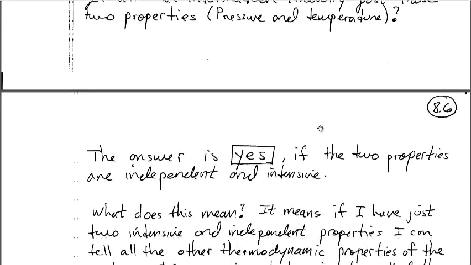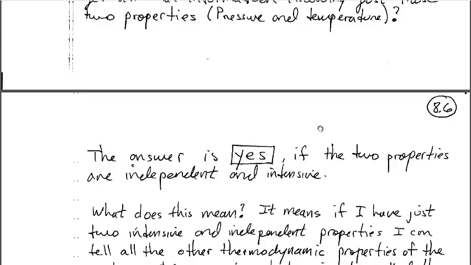And the caveat to that is that the answer is yes if the two properties that we know about the substance are independent and intensive. Okay, so what does this mean? What does it mean to say that the properties are independent? You already know what it means for the properties to be intensive. That means that they're mass independent.